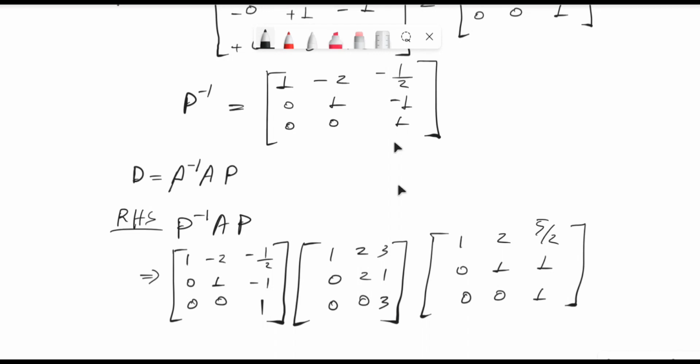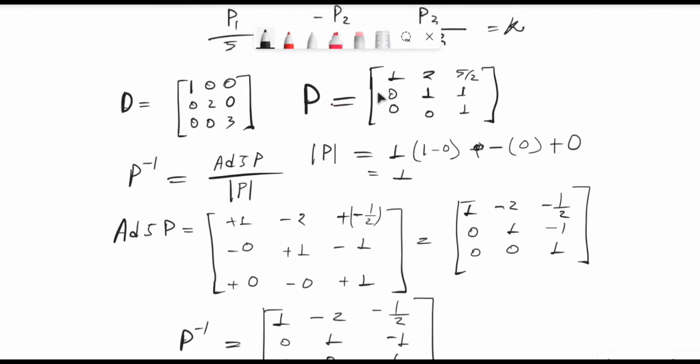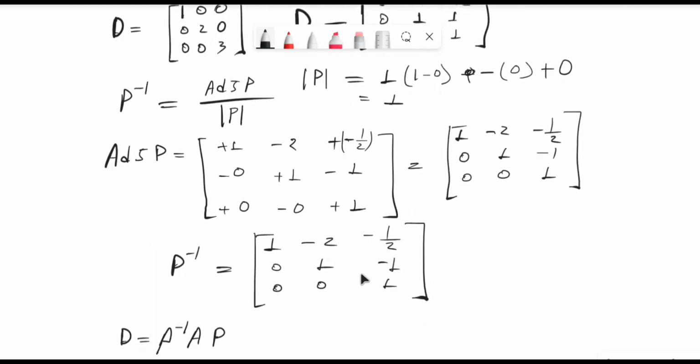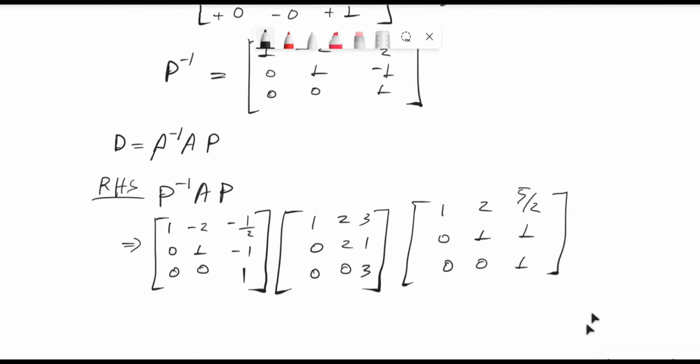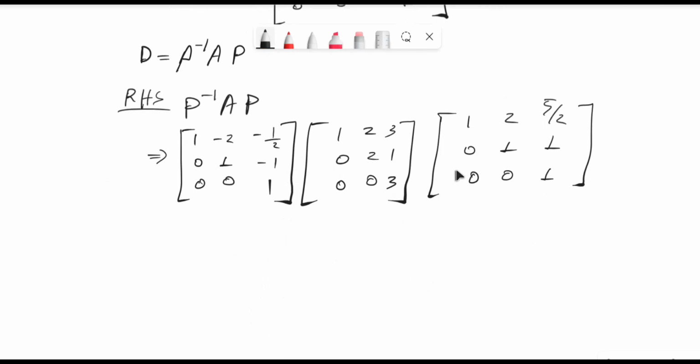So this is P, this is P inverse, and A is given. We have these three matrices. First of all, we will perform the matrix multiplication with these two.